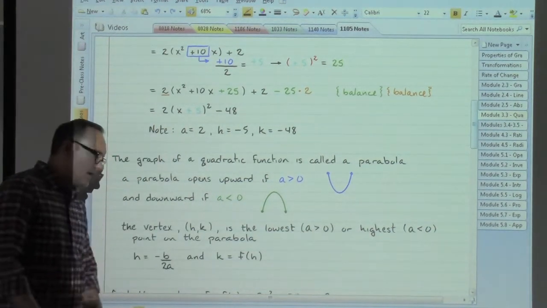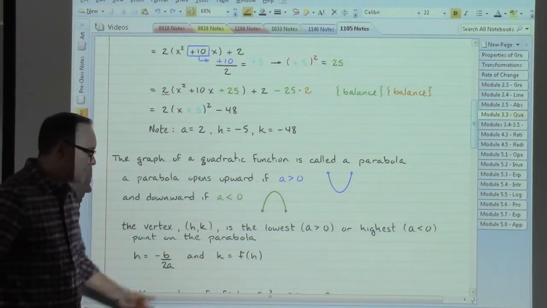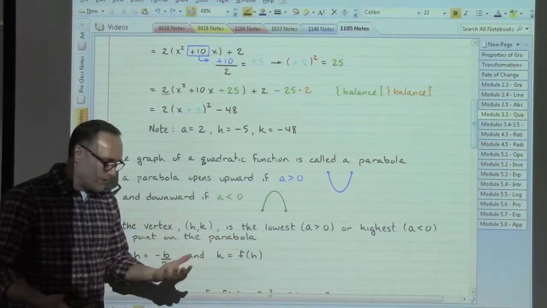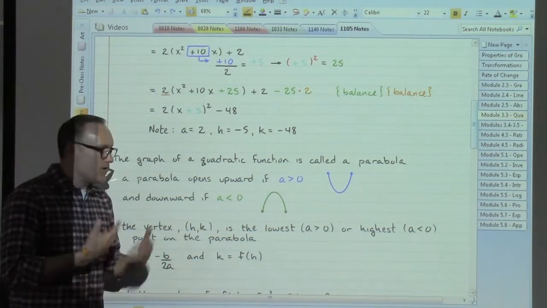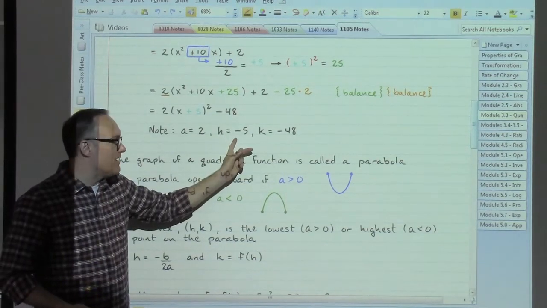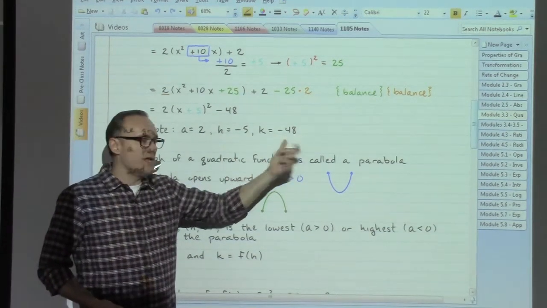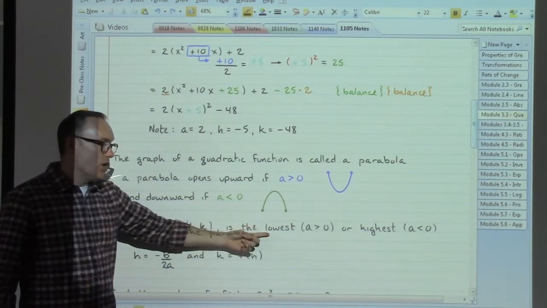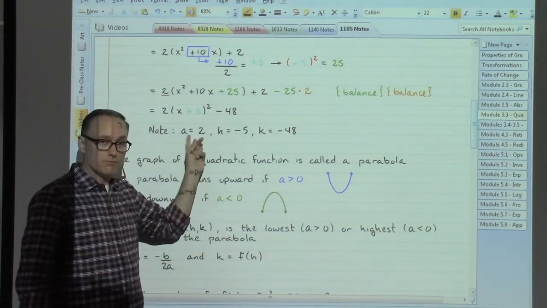But what about that vertex? Well, that vertex is going to be a point h comma k. So the h value and the k value that we were getting, and here's this most recent example, the h value, negative 5. The k value is negative 48. If I pair those up, that's going to be the lowest point, because that one opens up.